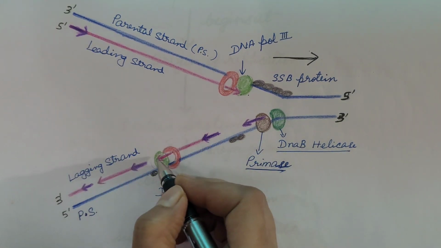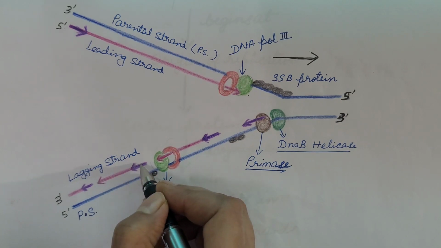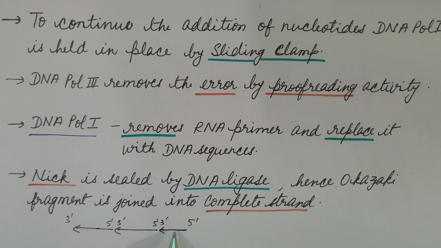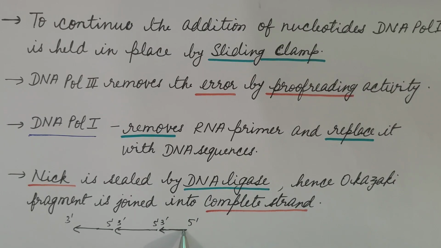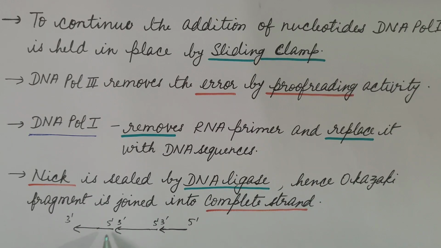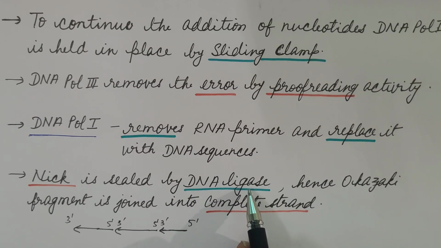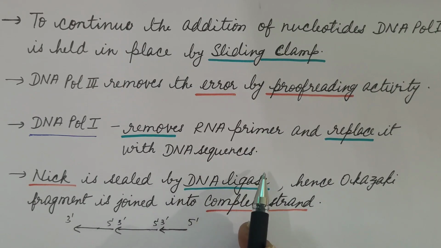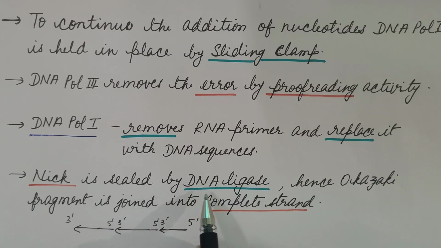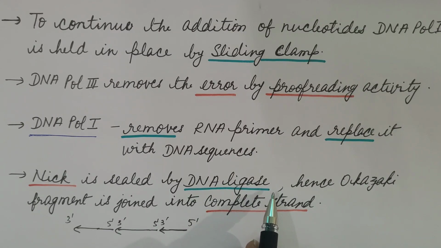There is a nick present between the Okazaki fragments or the different DNA chains. So these are the DNA chains. This is the 5' end and this is the 3' end of this DNA chain. Similarly, the 5' end and 3' end of this DNA chain, and so on. This nick is sealed by the DNA ligase enzyme. We will discuss in detail the DNA ligase enzyme in a separate video.